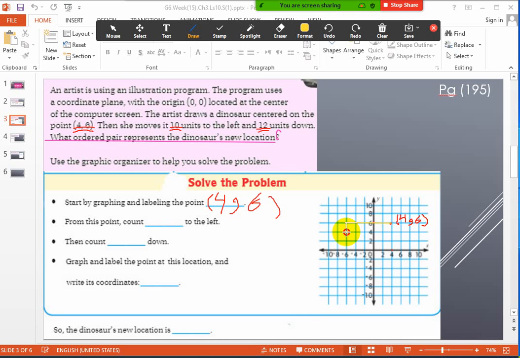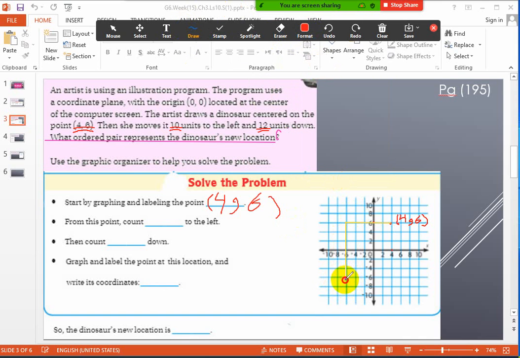Each square is 2, not 1 here, because look at the grid and the axis. The axis is divided 2 by 2. Each step is 2. So here 2, 4, 6, 8, 10, 12.